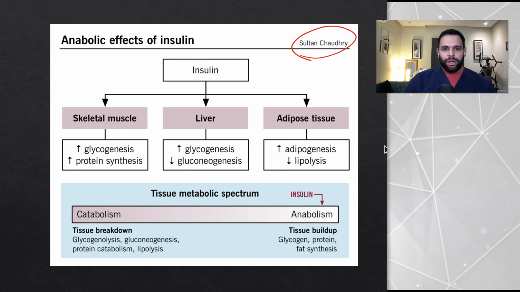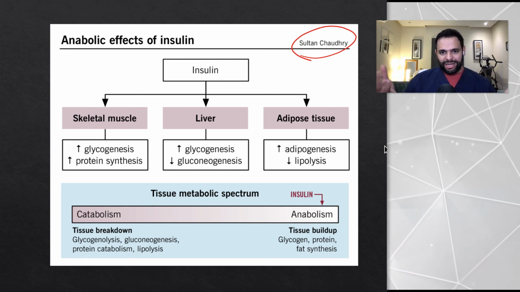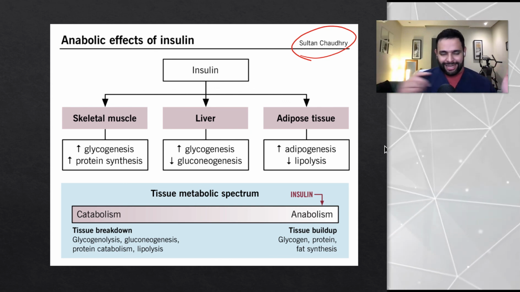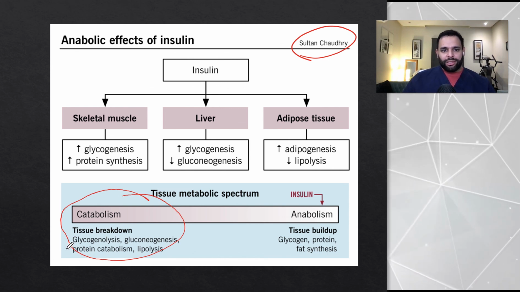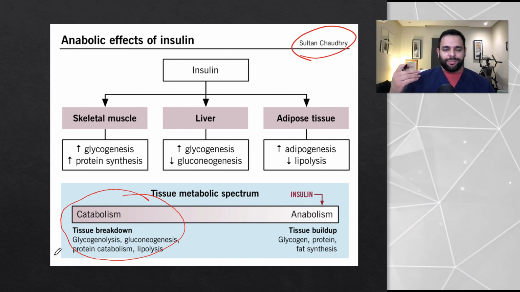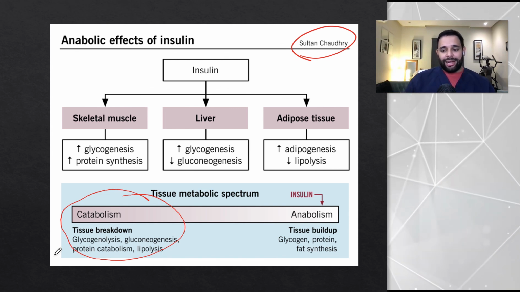Adipose tissue will also increase adipogenesis and decrease lipolysis. So when insulin decreases, your body goes into a breakdown state. That's catabolism: gluconeogenesis, glycogenolysis, protein catabolism, which is also a form of gluconeogenesis, and lipolysis.